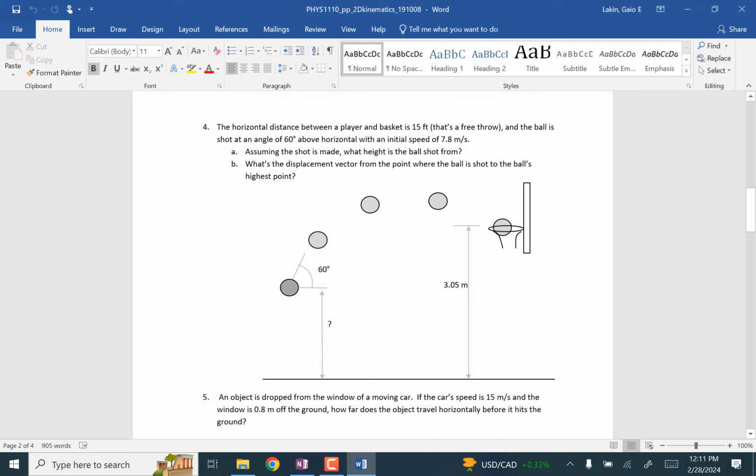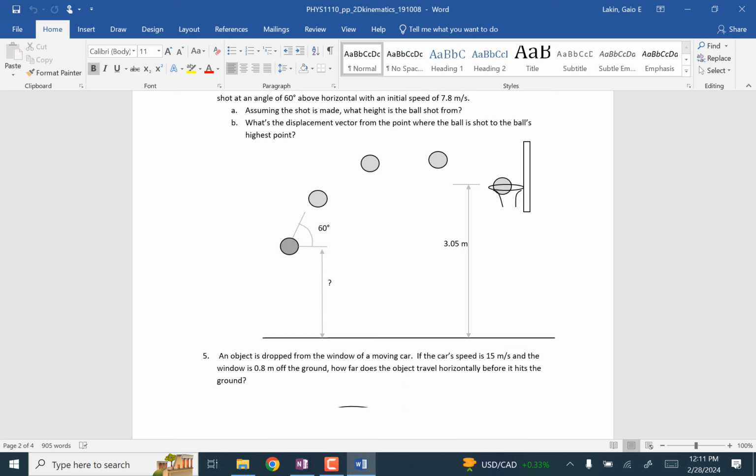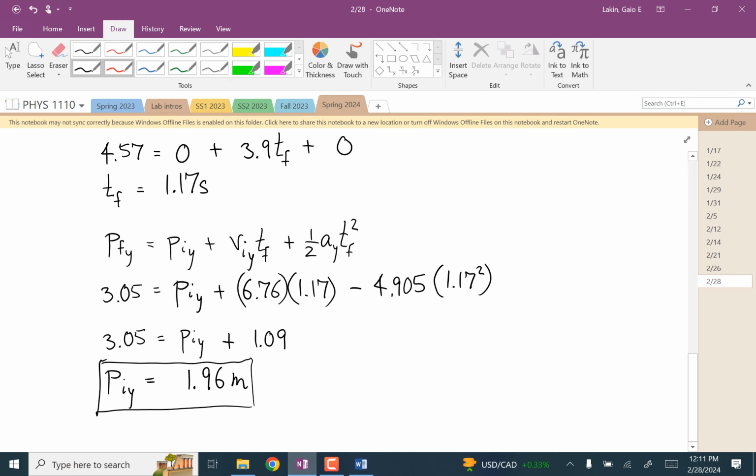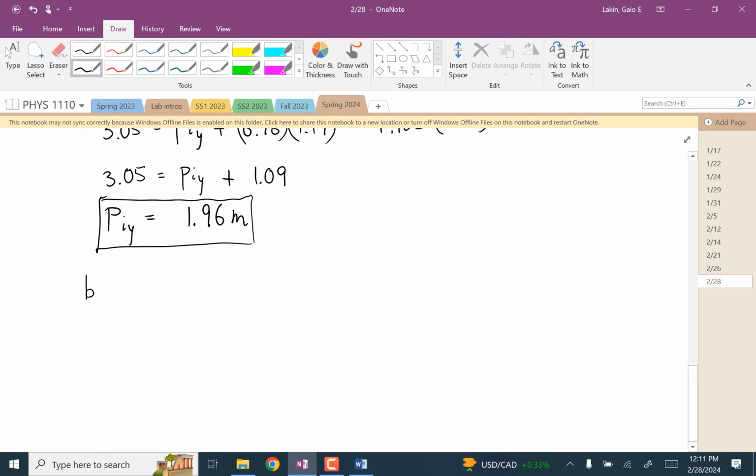Now we want to calculate the displacement vector from where the ball is released to where it is at the highest point. Remember that the displacement vector is the later position minus the earlier position. Now we know the earlier position, when it's released from.